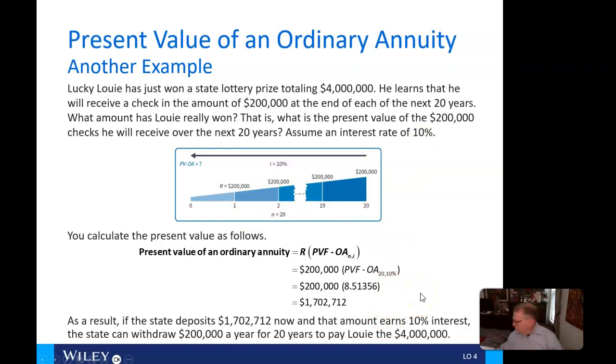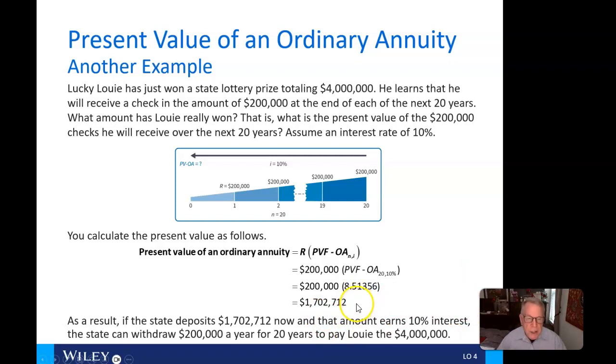So what we would do, let's make sure that this works this time. We're going to go into the present value of an ordinary annuity. That's table 5.4, not table 5.3. And we're going to look up 20 years at 10%. And if I do that, I do find exactly that, 8.51356.